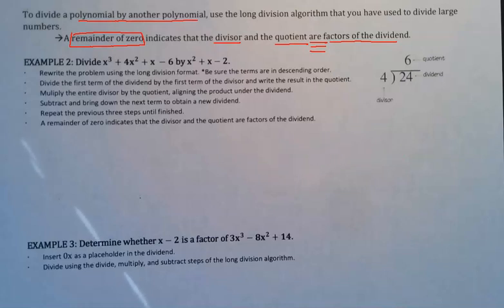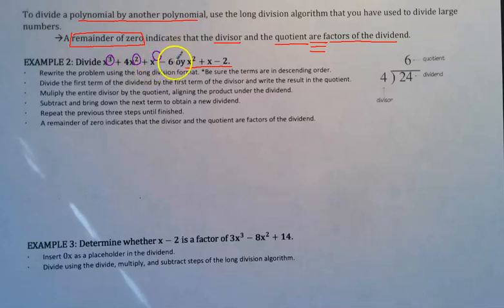All right, so in order to do example 2, it says divide x cubed plus 4x squared plus x minus 6 by, we're dividing by, x squared plus x minus 2. So we're going to rewrite the problem using the long division format. Be sure the terms are in descending order. What that means is we have an x cubed, then we have an x squared, then we have an x to the power of 1, we don't write it.